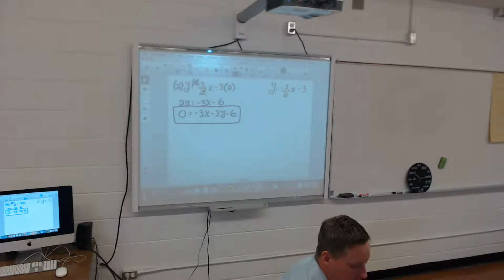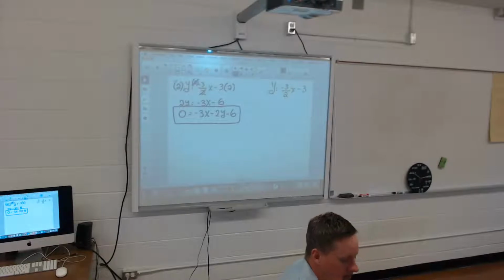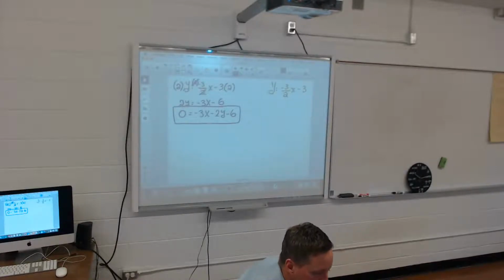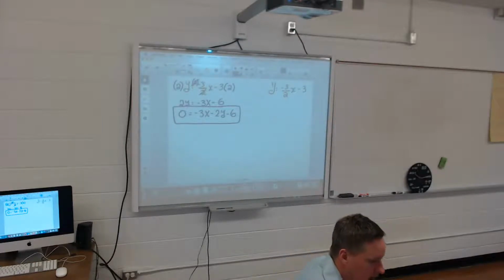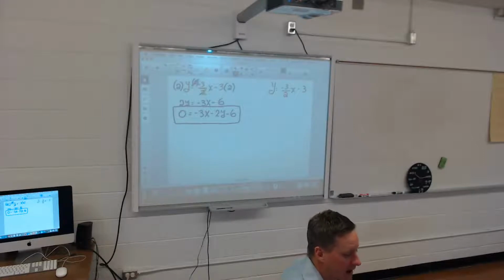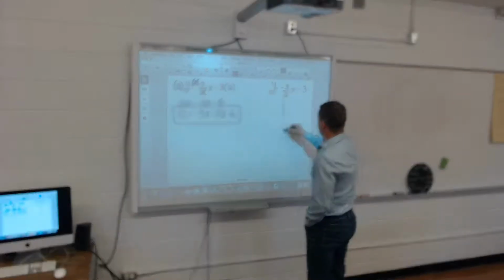Okay, so that's 1A. 1B says, how many intercepts will this graph have? How do you know? And explain how you know. Okay, well, a line, if it's a line that goes on an angle, on a diagonal, let me just draw it.